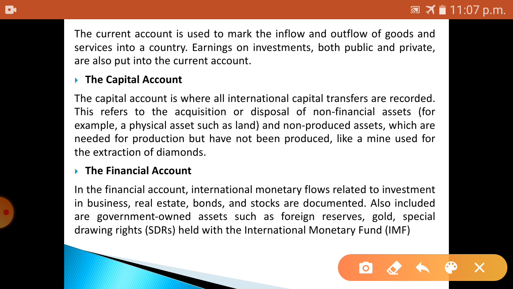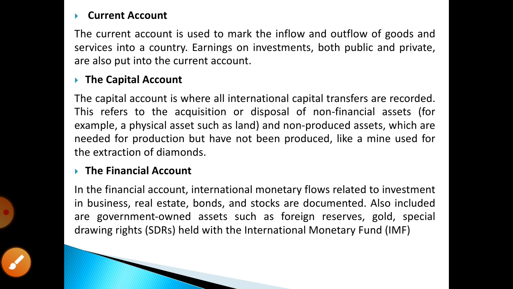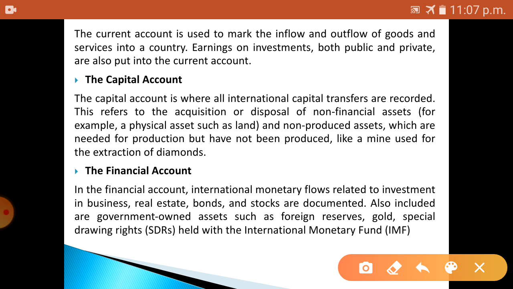Current account is used to mark the inflow and outflow of goods and services into a country, like earnings on investments. Both public sector and private sector are put into current account. Next comes capital account.